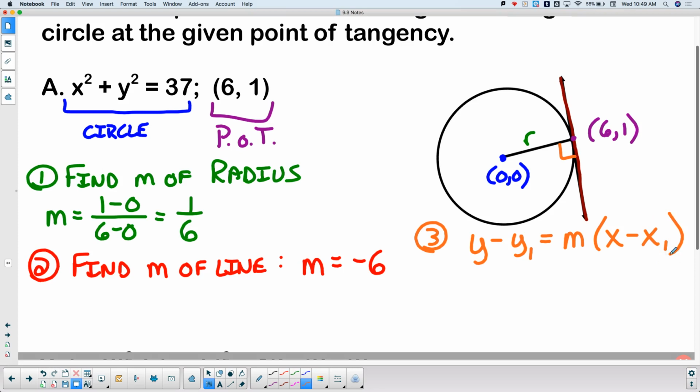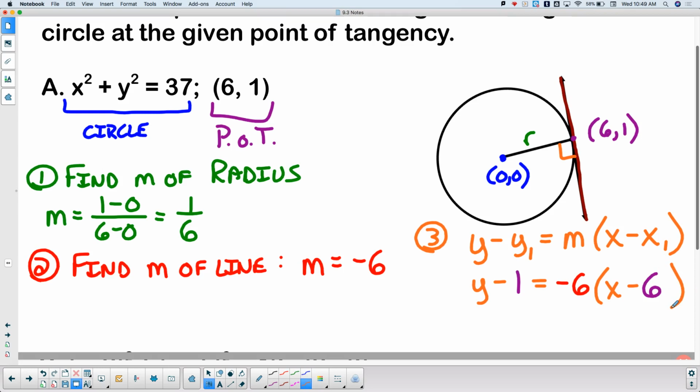Right? Fill me in on some stuff. Y minus 1 equals -6 times. Keep going. I'll catch up, I promise. Right? Love it. Okay.